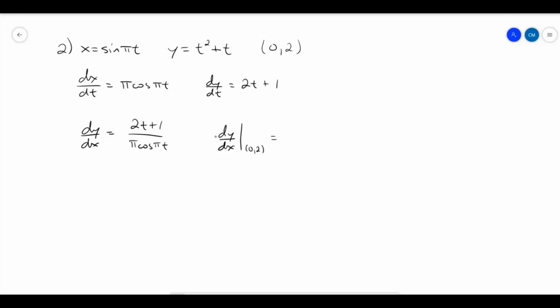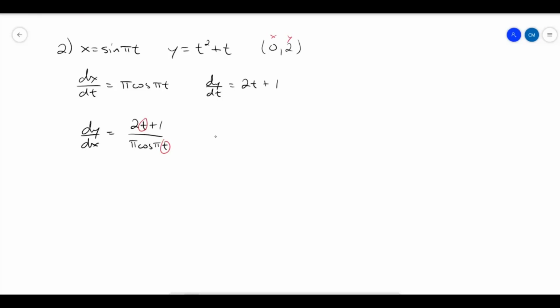So we'll just plug in, no, actually, before we do that, let me point something out on this. They want us to find the slope of the tangent at this point, (0, 2). But what we have to notice on this particular derivative is that it is given in terms of t, right? There's no x's and y's here, but this is an x value and this is a y value.